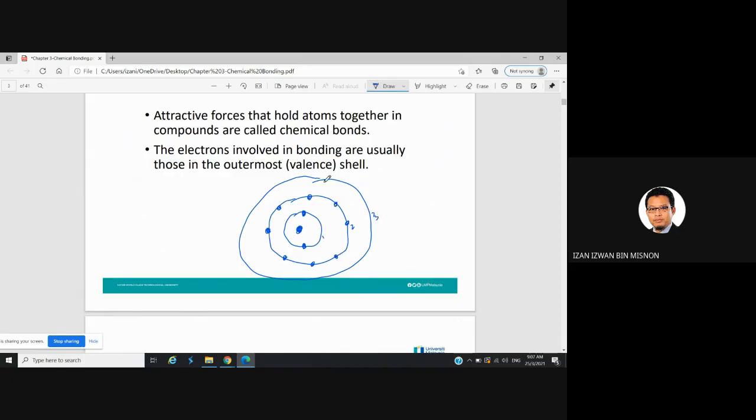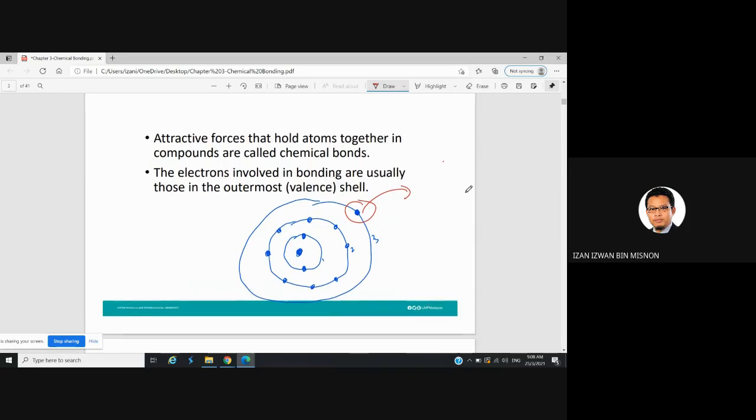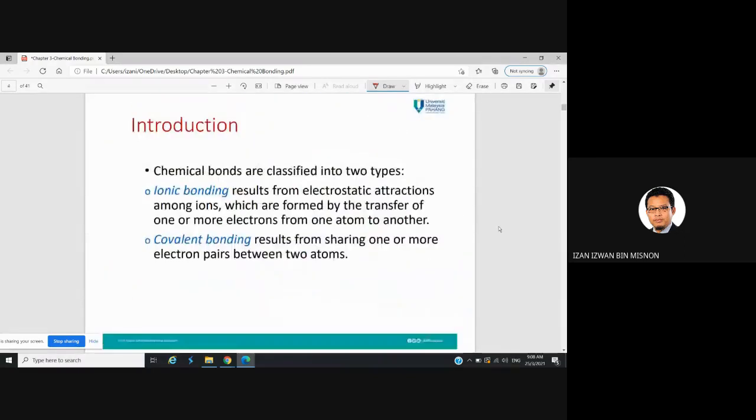Let's say we have an orbital located at n equal to 3, in this case the outermost, the valence shell. This type of electron is what contributes to the reaction, whether it is going to be shared or donated to another element. That's how chemical bonding takes place.